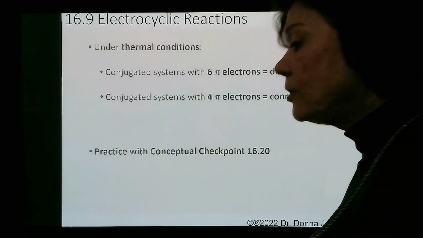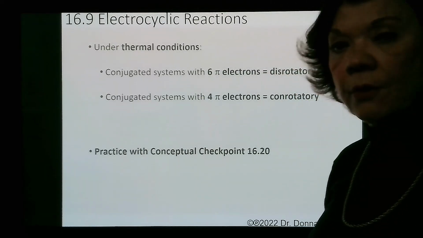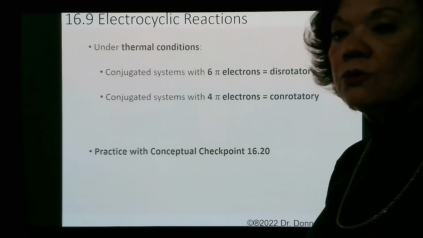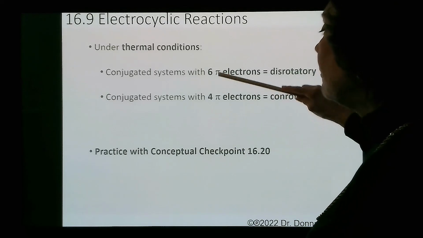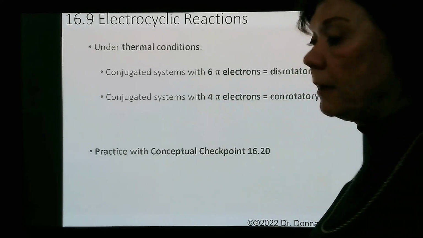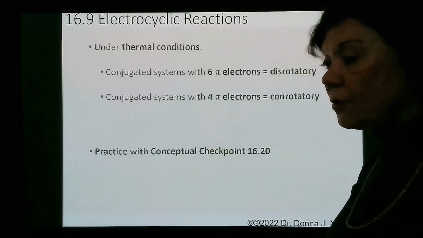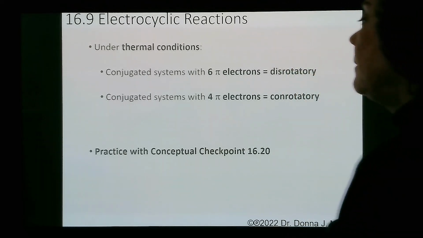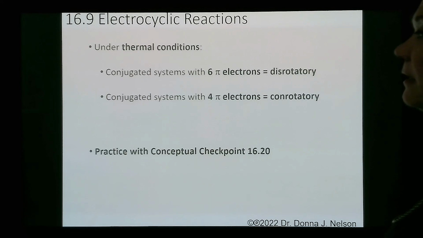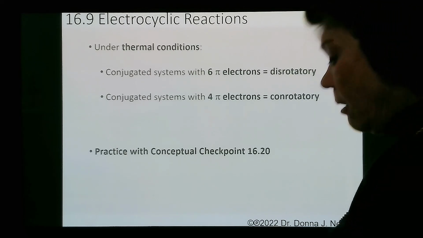So there's two ways to reverse that, either by switching from thermal to photochemical conditions, or by switching from 6 pi electrons to 4 pi electrons. So there is that strange similarity there. It might help prevent confusion to keep that in your mind.